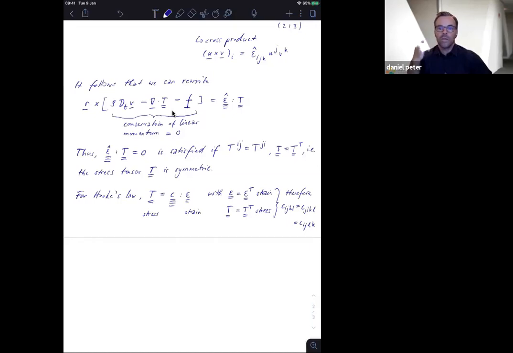So it's 3 times 3 times 3 times 3, so it would be 81 parameters for the tensor. And now with these imposed symmetries, it comes down to only 21 free parameters. And all the others are determined by the symmetries.